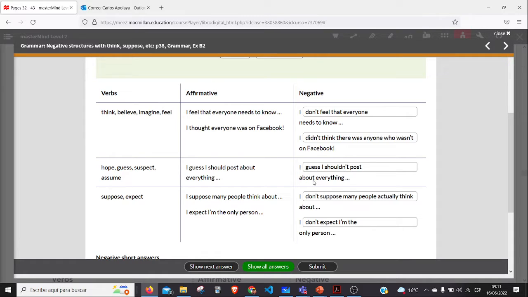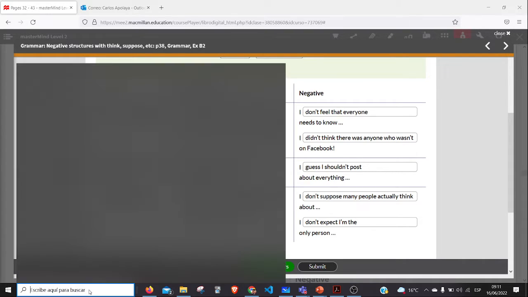¿Ok? Por ejemplo, ¿cómo dirías? No espero que Perú vaya al mundial. I don't hope or I hope. No, I hope not. No, incorrecto. ¿Ok? A ver, voy a compartir mi pantalla para que la puedas entender un poquito mejor. A ver, creo que voy a usar Notepad here.